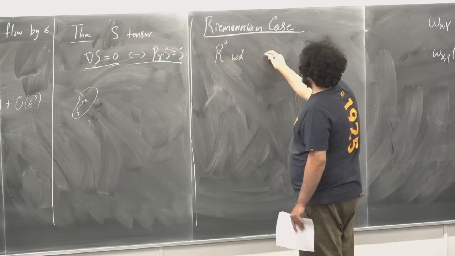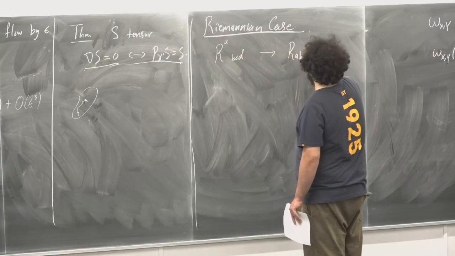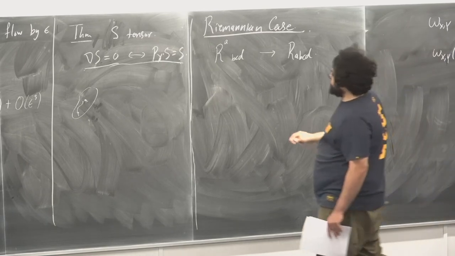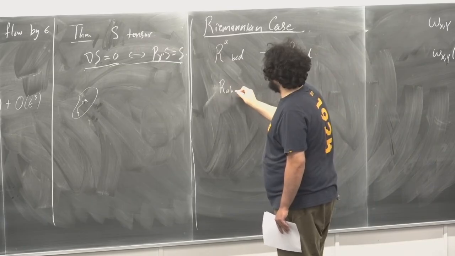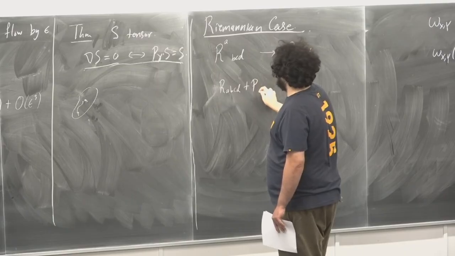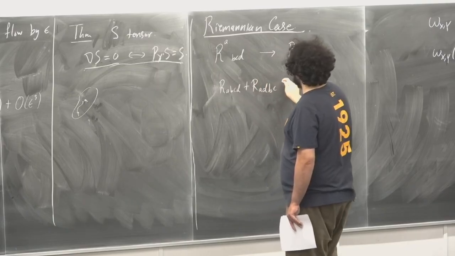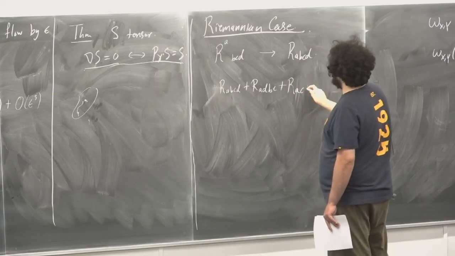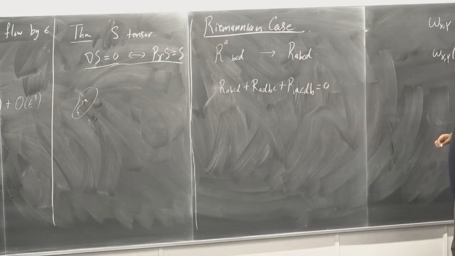You can lower this index to get this R_ABCD. One identity is R_ABCD plus R_ADBC plus R_ACDB is equal to 0. Is that right? Yeah.